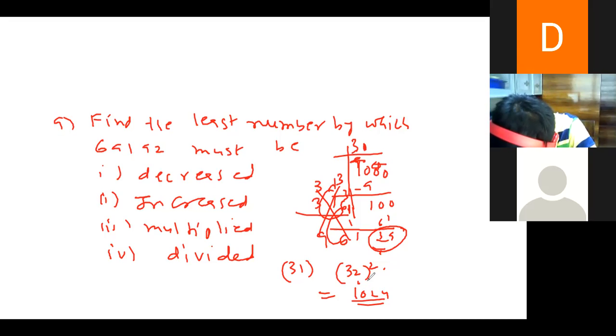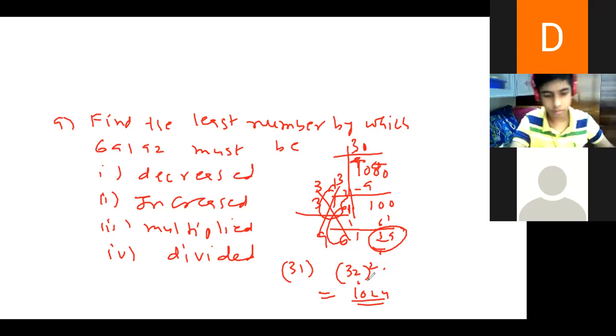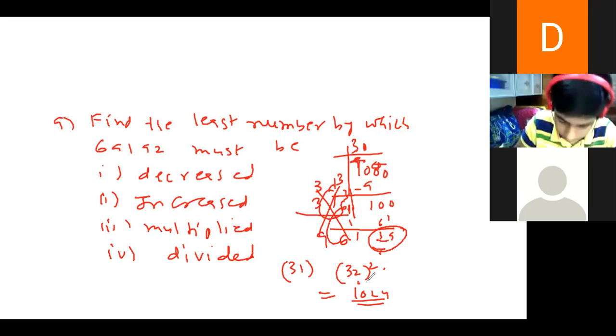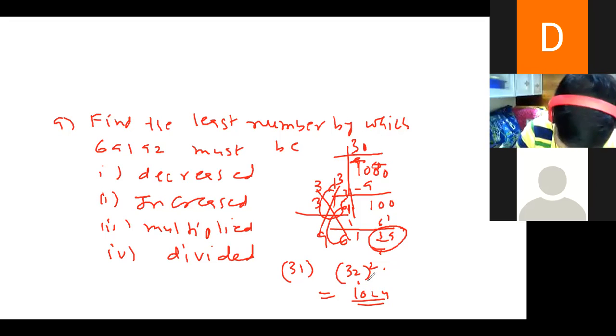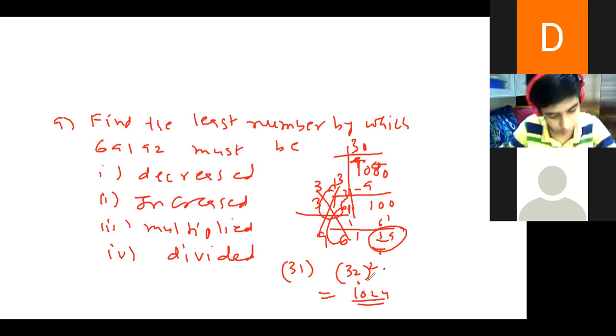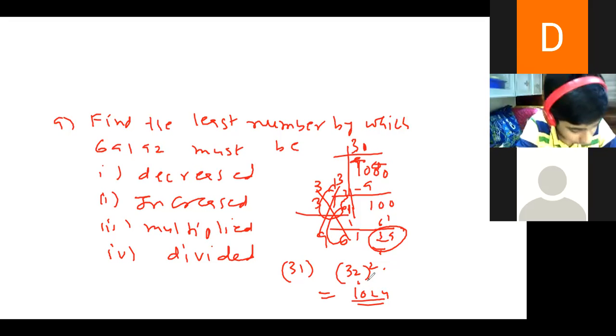Since 31 squared is less than 1000, by 39, then clearly 32 squared will be larger than 1000, proving it to be a perfect square. Correct.